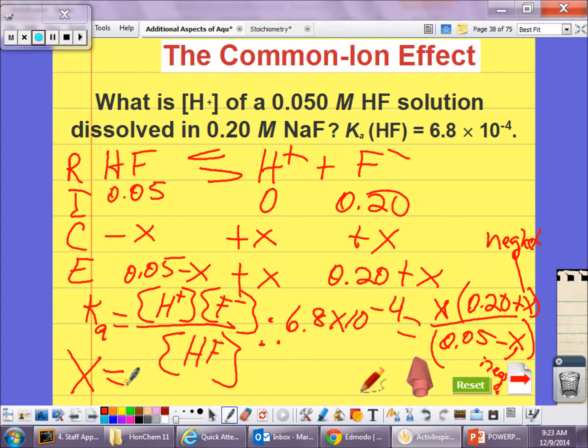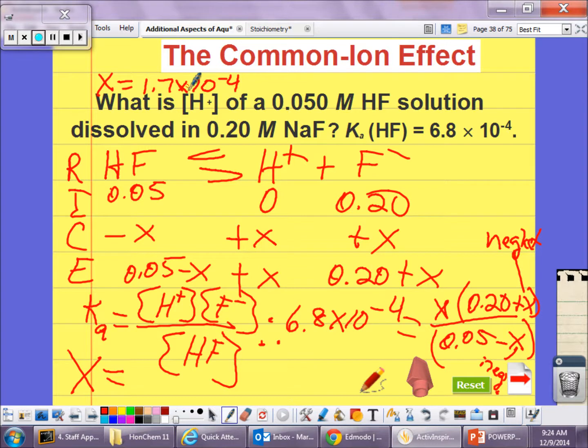X equals 1.7 times 10 to the negative 4. Who has something different? You have the same thing. Okay, so we can neglect. Very good.